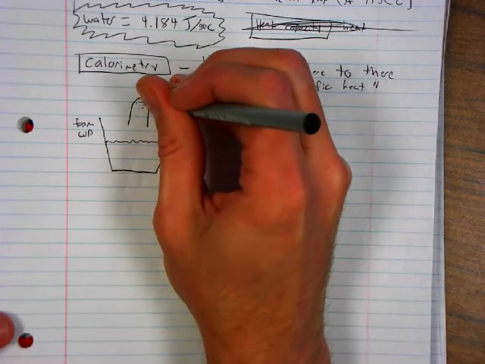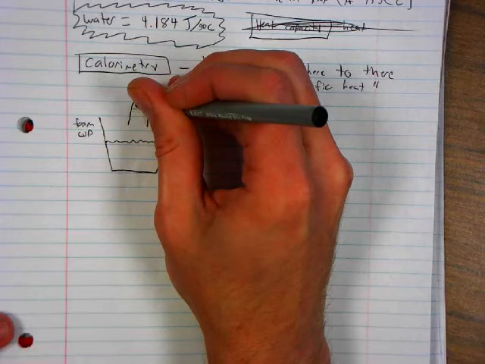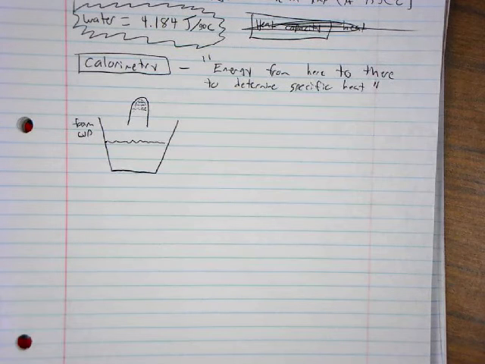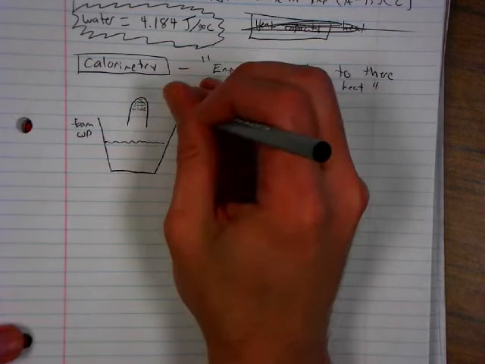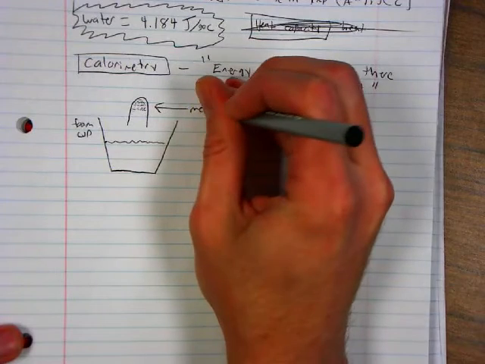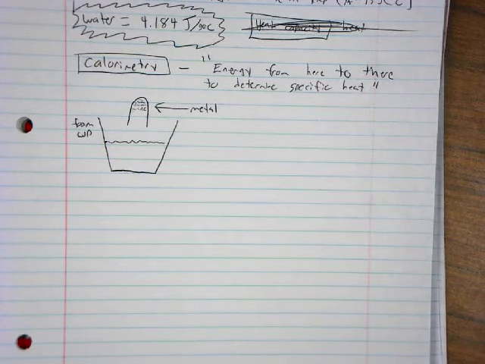And what do I have here? Measuring device? Is there another cup? It should be really easy. That's obviously an upside down test tube full of metal.